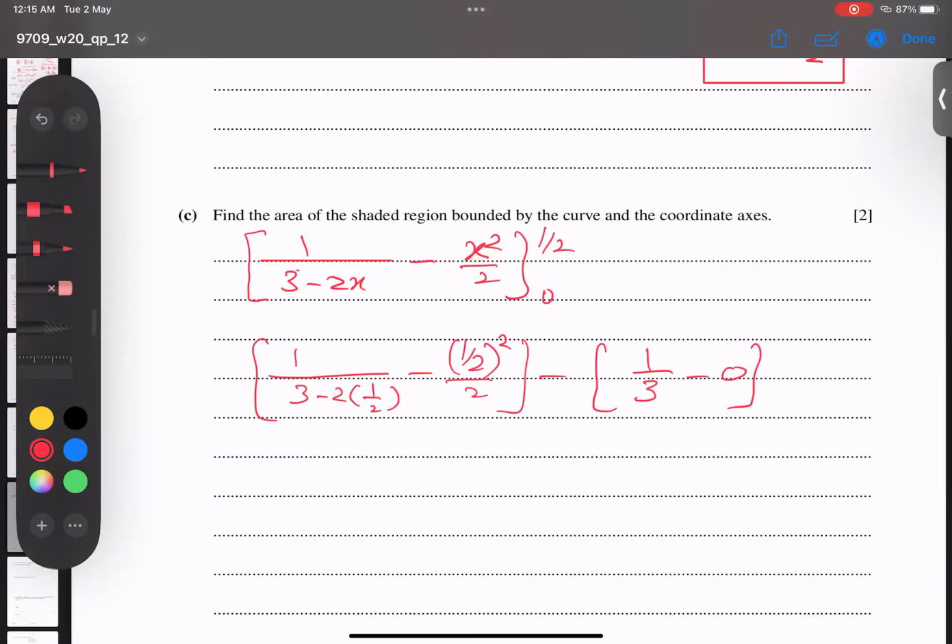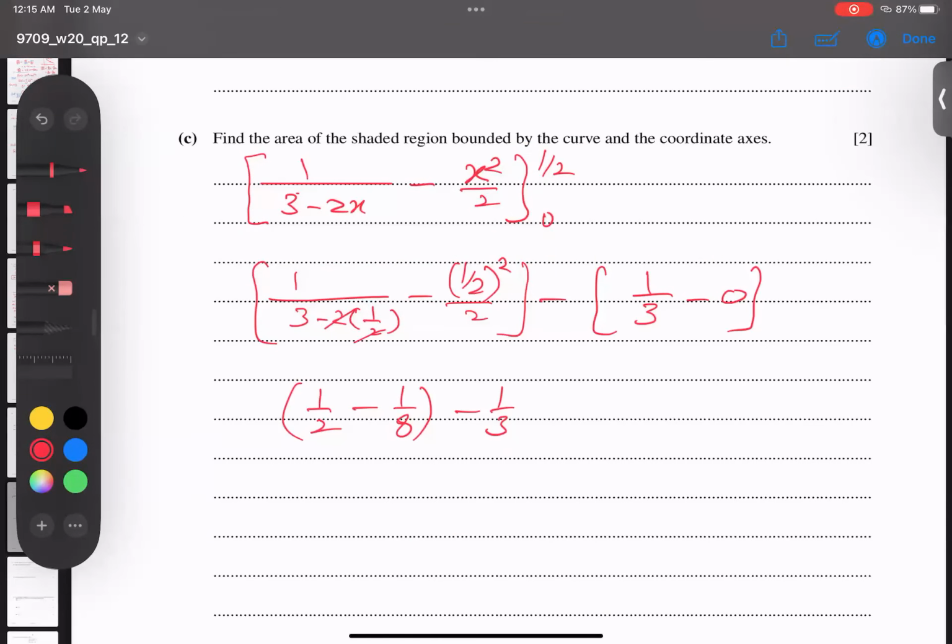So let's see how we can complete it. This cancels out. I get 1 over 2. There's a 2 squared, 4. 4 twos are 8. So I get 1 by 8. You can just type it in the calculator.